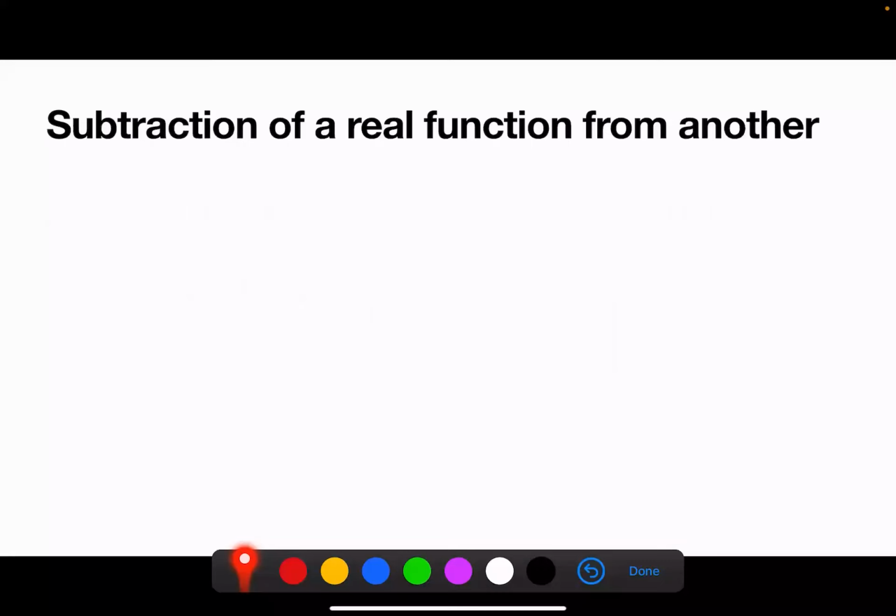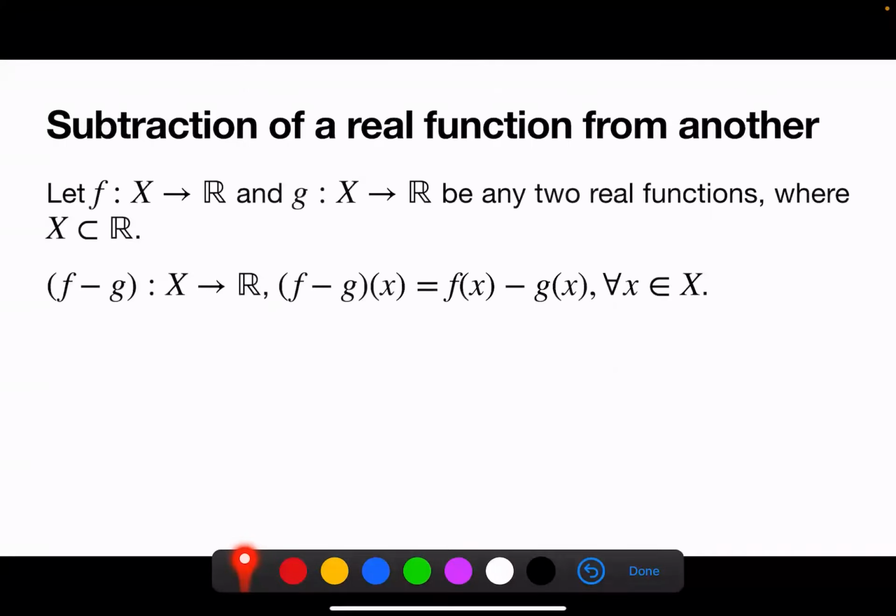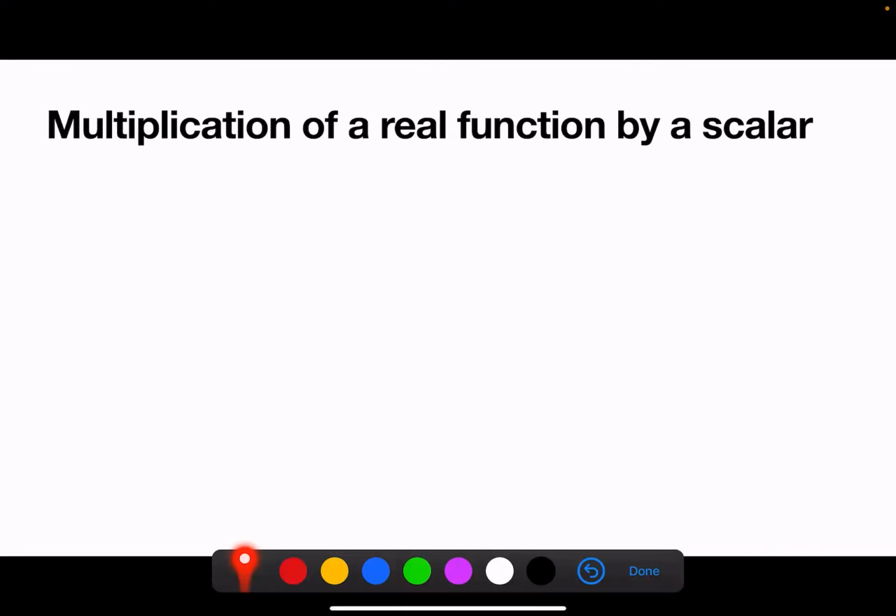Similarly, subtraction of a real function from another function. Same thing: if you have f minus g of x, you can do f of x first, then g of x, and then subtract. And multiplication of a real function by a scalar is again simple.